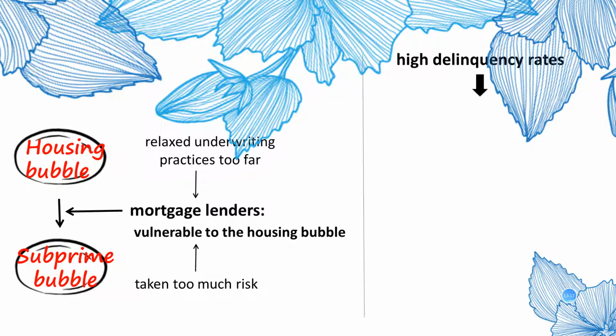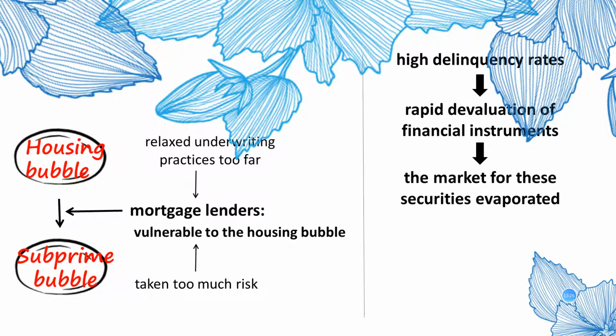As the value of these assets plummeted, the market for these securities evaporated, and banks which were heavily invested in these assets began to experience a liquidity crisis. And this was the beginning of the 2008 financial crisis, a severe worldwide economic crisis.